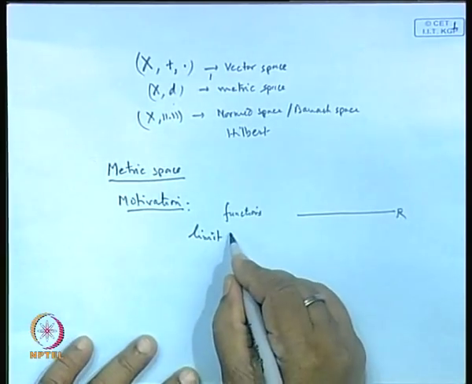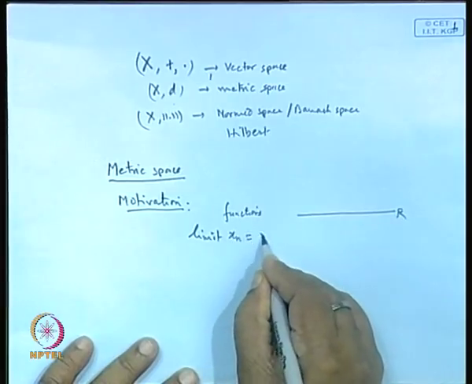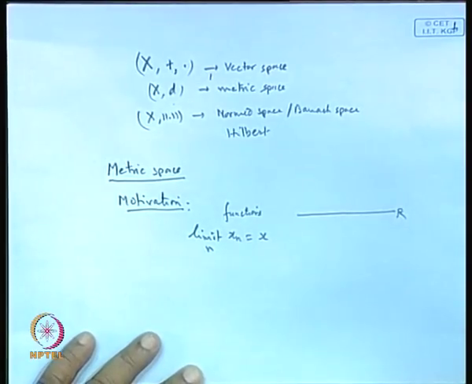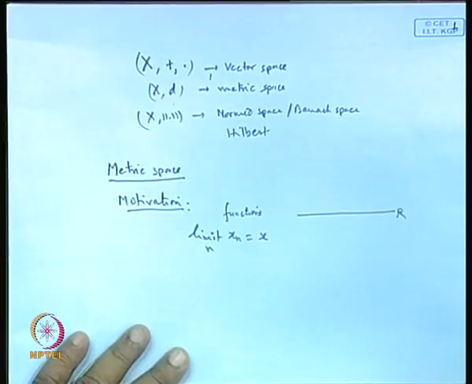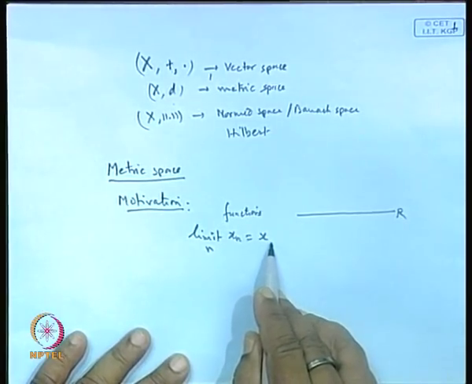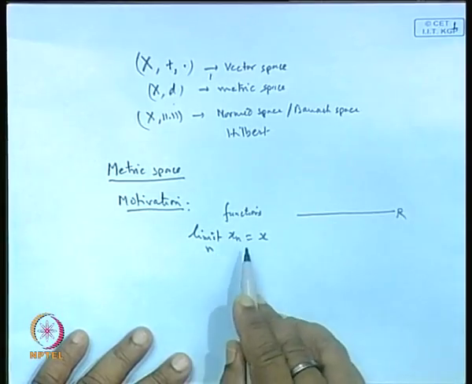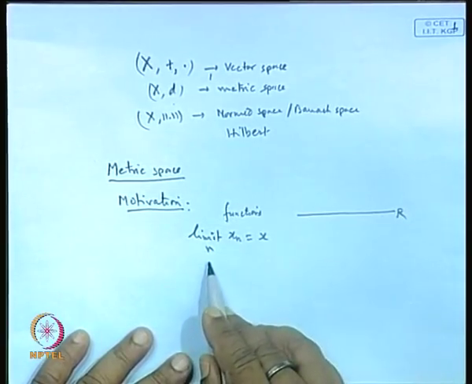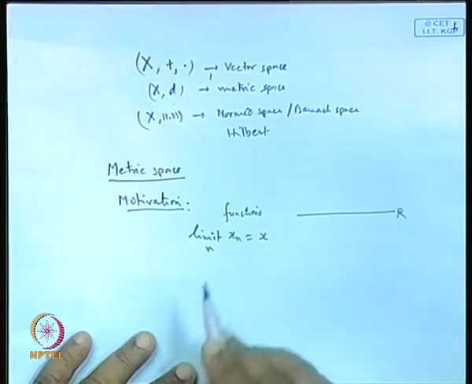When we say the limit of the sequence x_n is x when n tends to infinity, the meaning is that the difference between x_n and x is very small when n is sufficiently large, or x_n is approaching x when n tends to infinity.